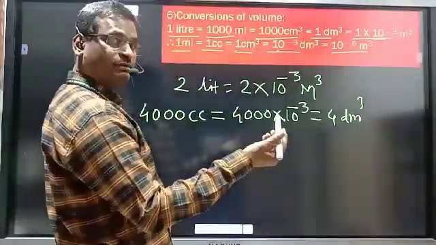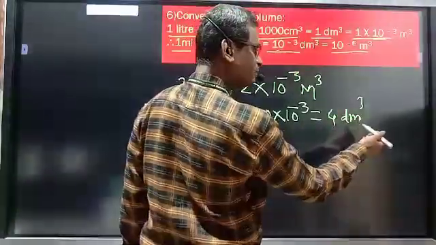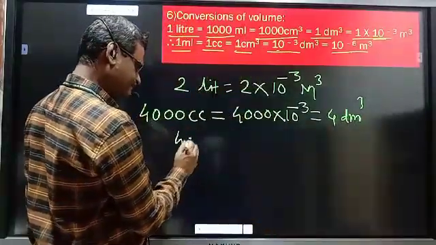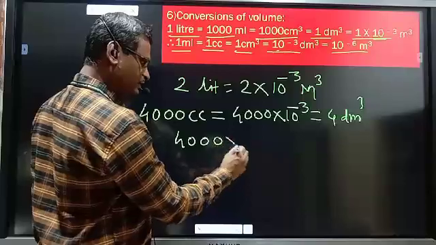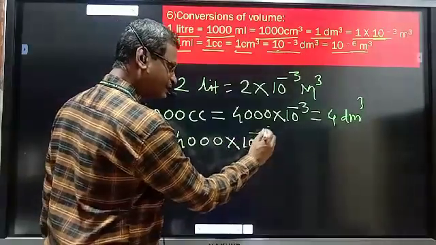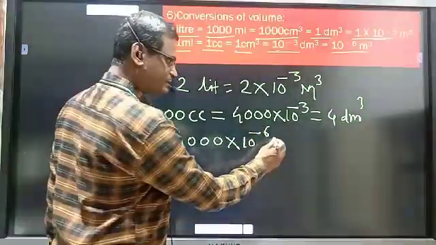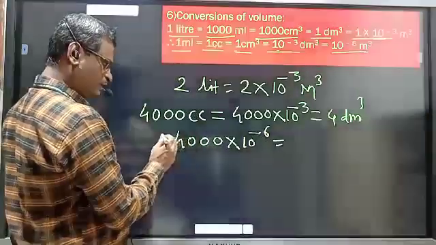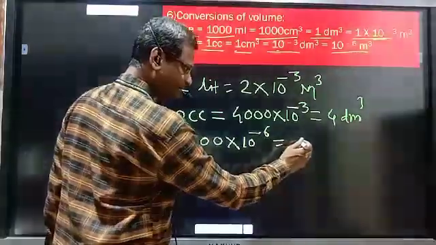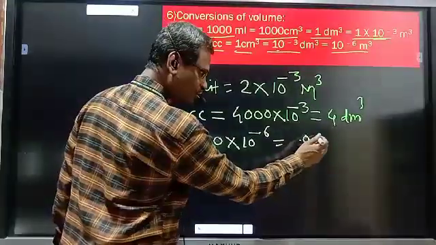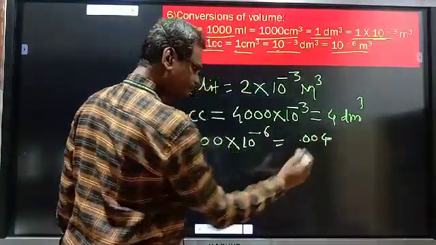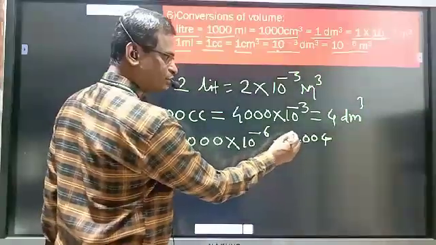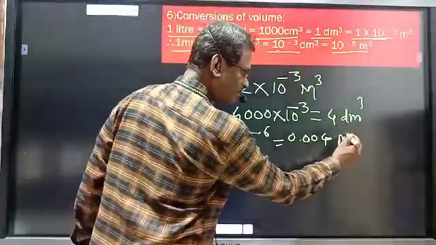Convert it to meter cube: multiply 4000 directly by 10 raised to minus 6, means 6 decimals on the left side, 1 2 3 4 5 and 6, so 0.004 meter cube.